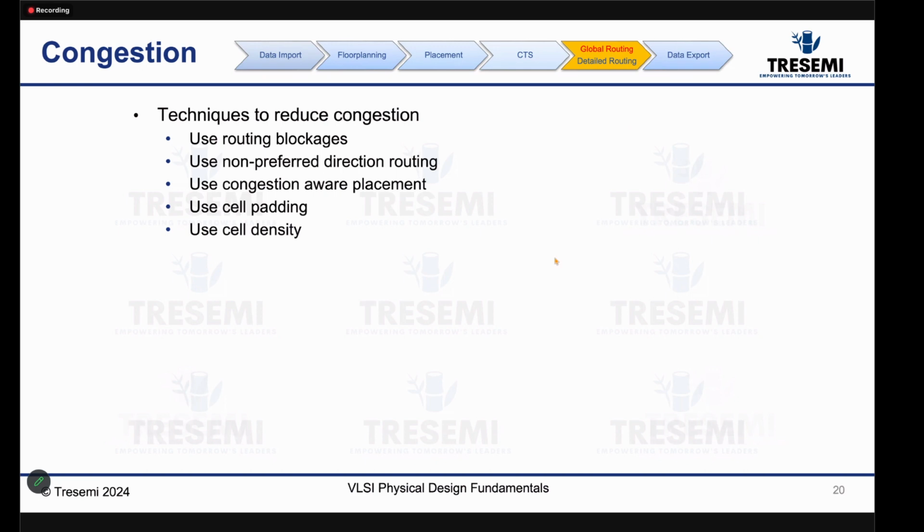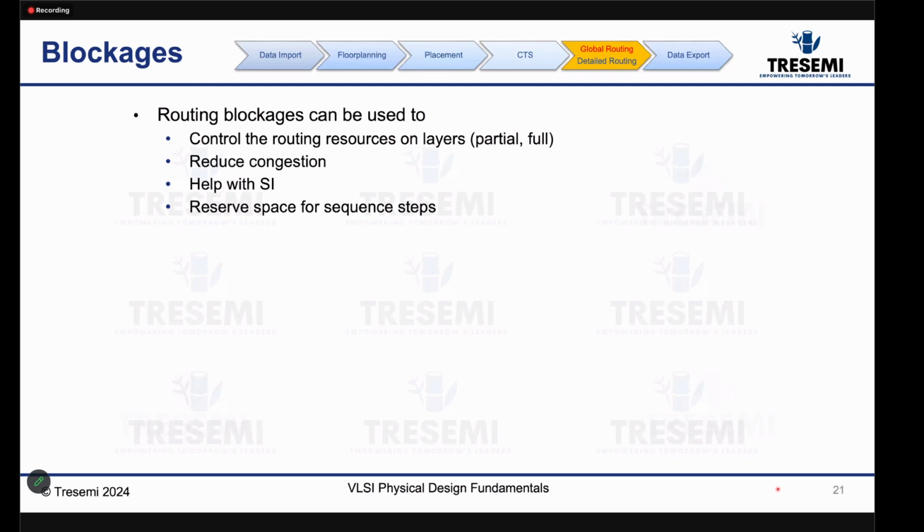Okay, so let's see next here. I think this, Caroline, I very much reiterate why we need to do these. The reason we add routing blockages is we understand where the signal should or should not go, right? If you look at a certain area, say no, if the router comes in through this channel, it's not going to be able to get out.